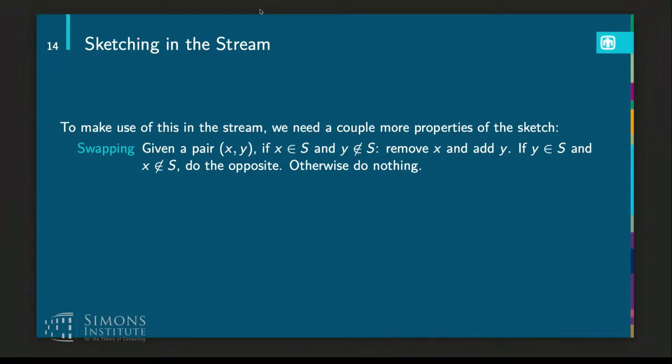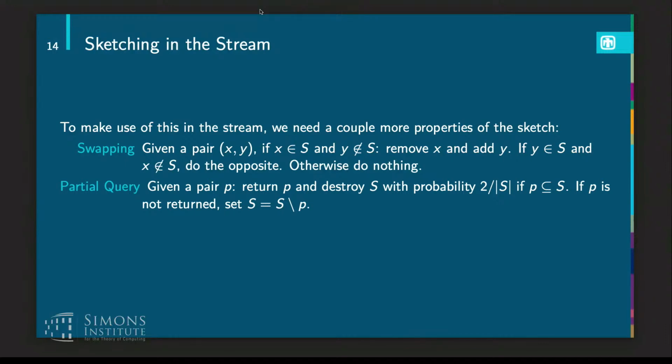If we name a pair (x,y), and that pair is either entirely contained in the set or not in the set at all, the operation does nothing. But if exactly one of x and y is in the set, then it removes the one that's there and adds the one that's not there.